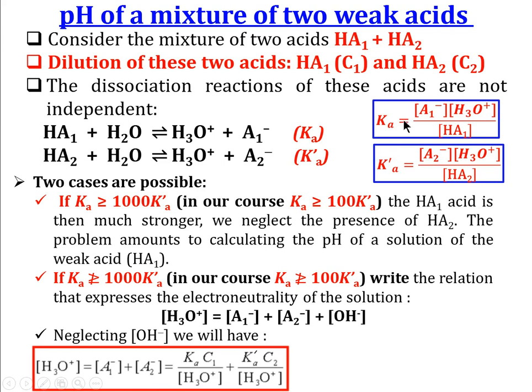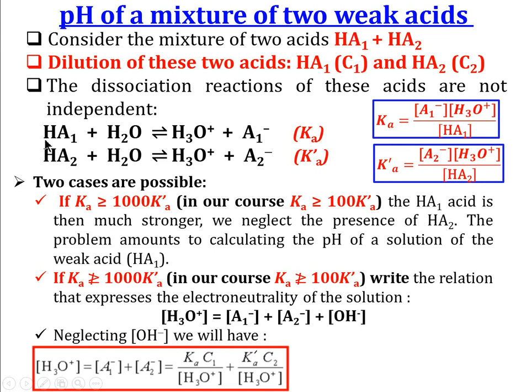We return to the expression of Ka and K'a. A1 minus at equilibrium equals Ka HA1 divided by H3O plus, and A2 minus at equilibrium in the solution equals K'a HA2 divided by H3O plus.